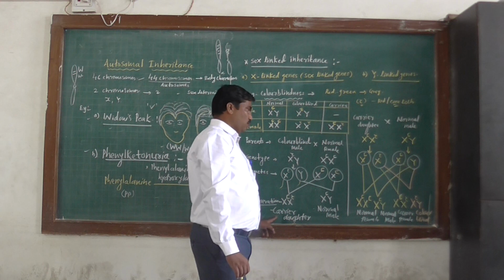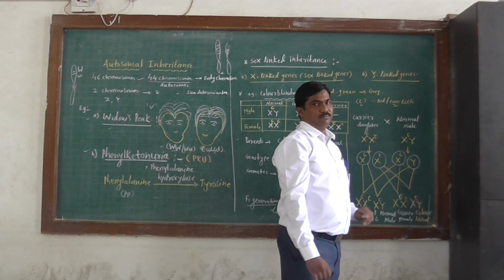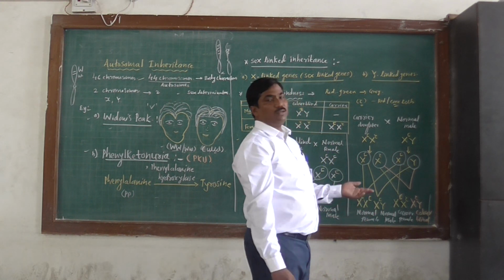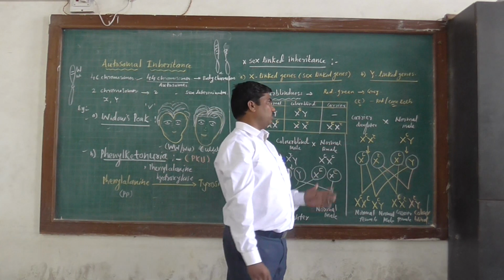So this carrier daughter is married with a normal male. Then we study the F2 generation by using this cross.